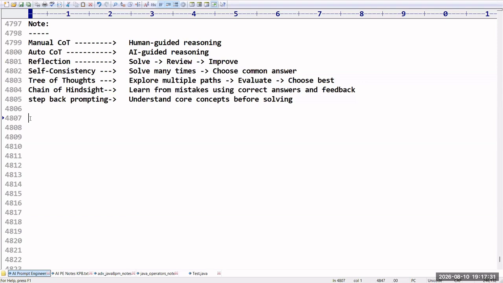These are the prompting techniques that we covered as a part of reasoning prompting. So today we are going to talk about another important prompting, which is nothing but graph of thoughts.